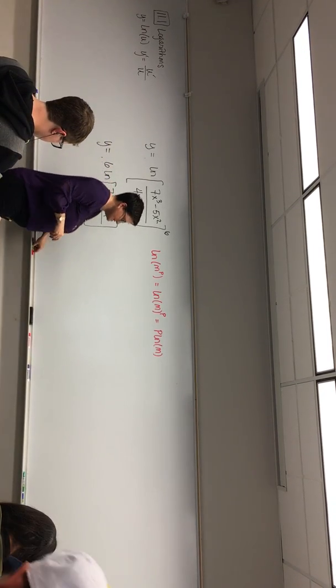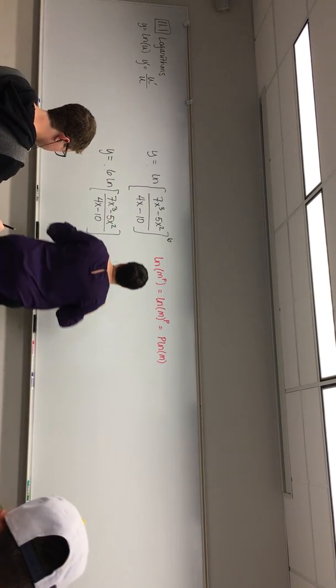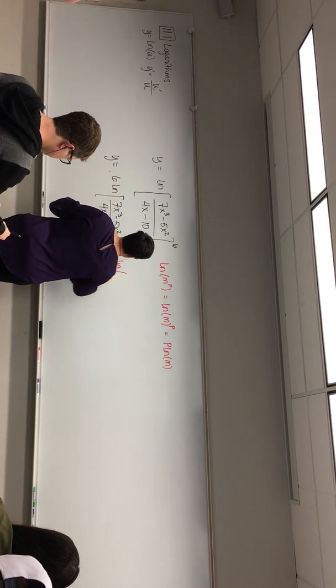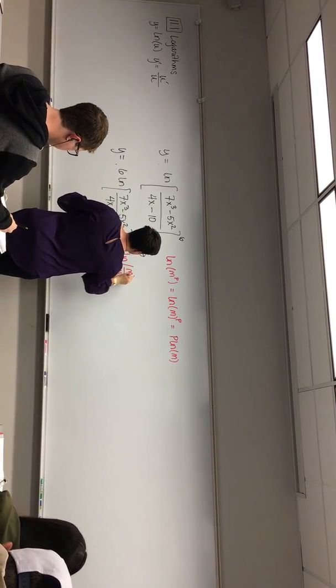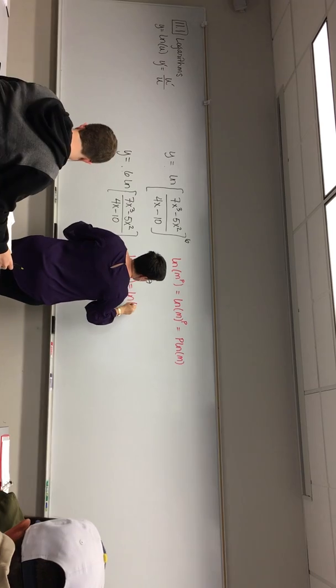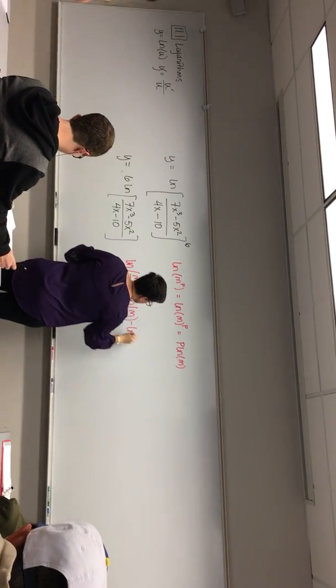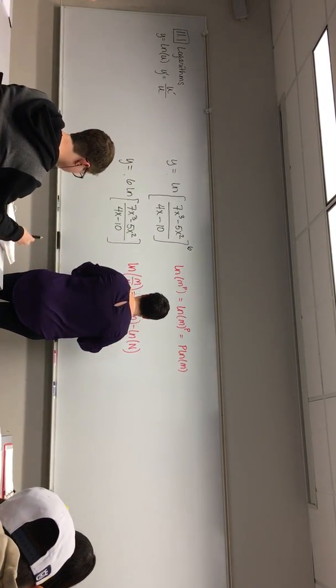Okay, and now we're back to that quotient problem, right? So we would be using natural log of m over n becomes natural log of m minus natural log of n, and yes, I'm sure.